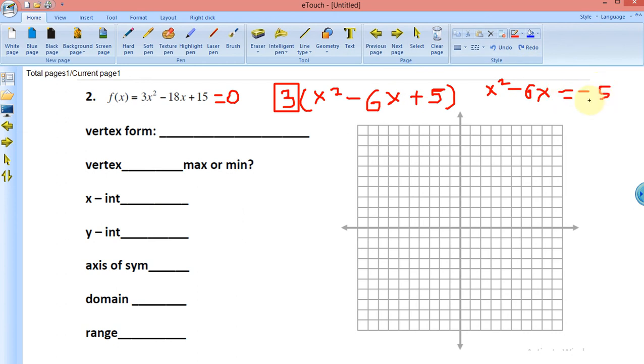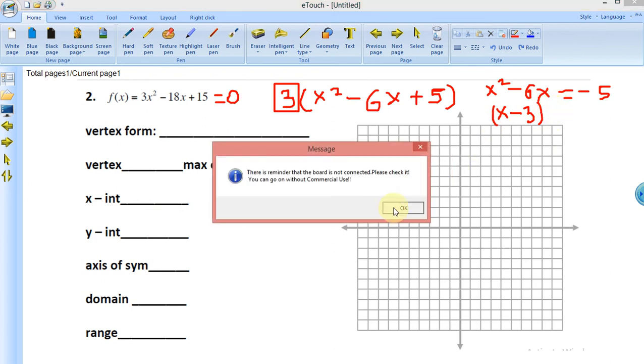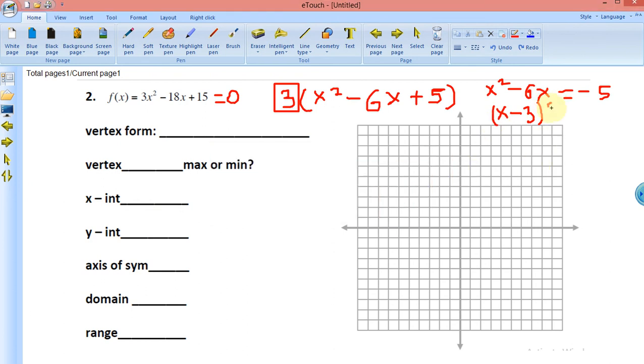The next step is that we take half of the coefficient of x. Half of the coefficient of x is minus 3. So x minus 3, all squared, equals minus 5.